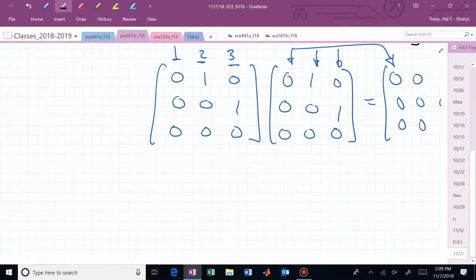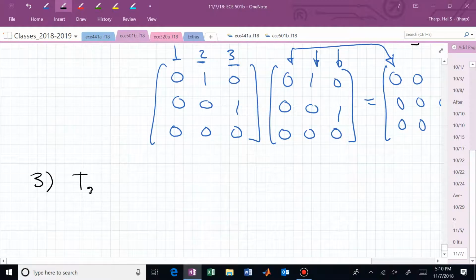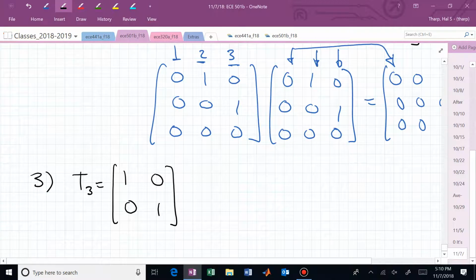What's another one? Suppose I now say T3 is a really challenging matrix, the identity matrix. If that's the case, what's R3?